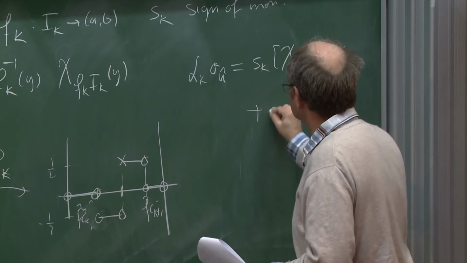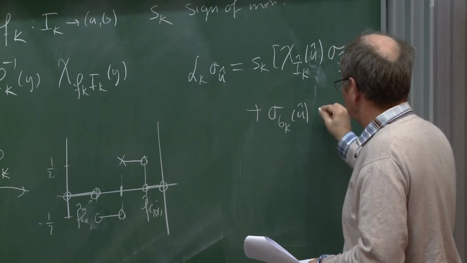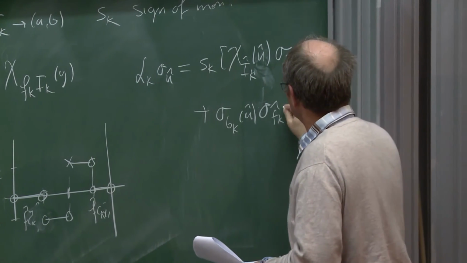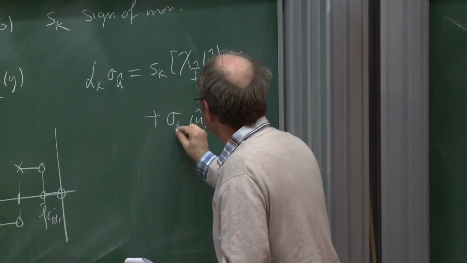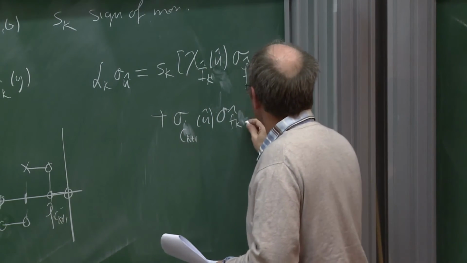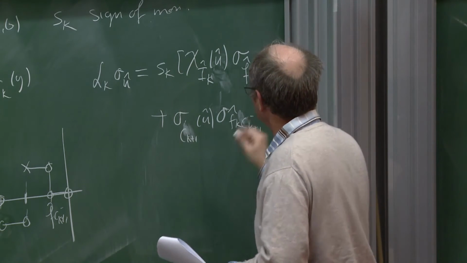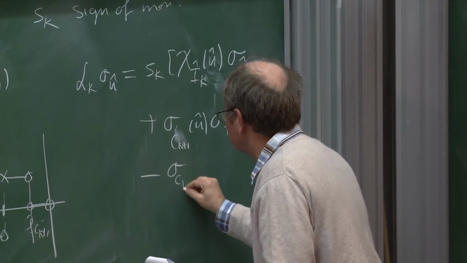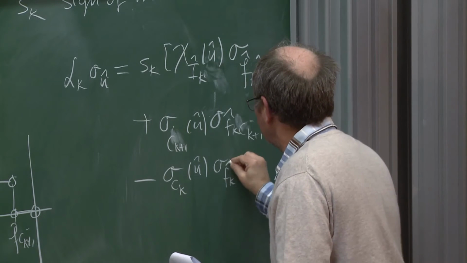So you get plus sigma bk of u hat, and then you get sigma fk hat, that's ck plus 1 minus, and there's another correction term coming from the other part, which is ck u hat sigma fk hat ck plus.